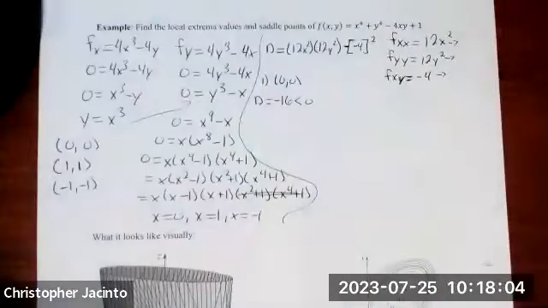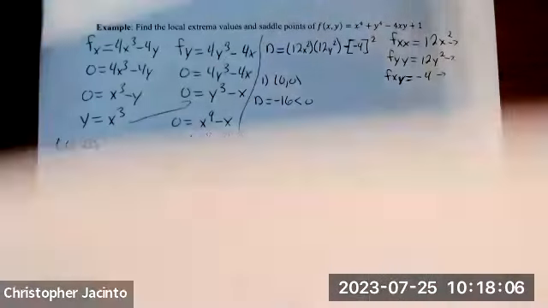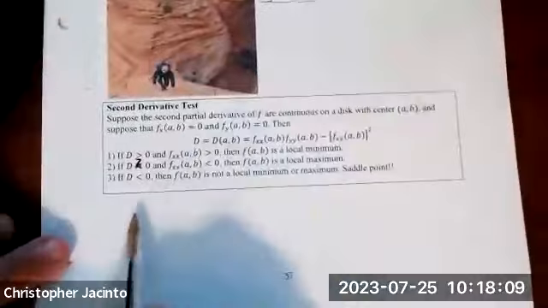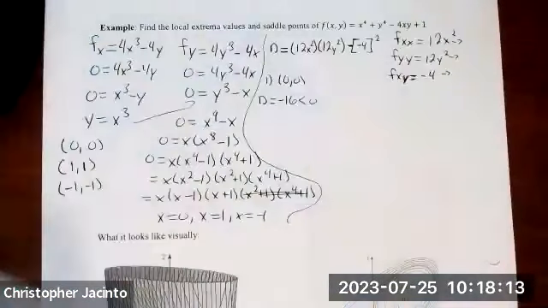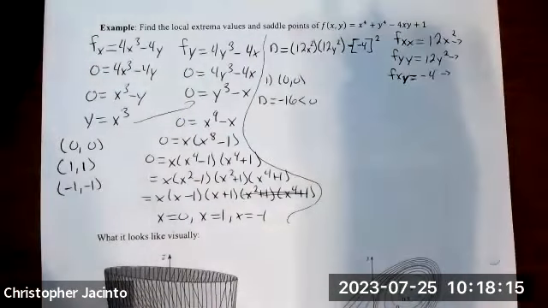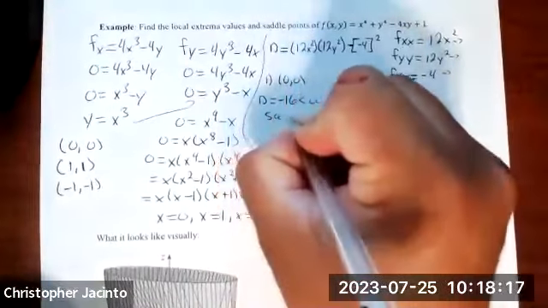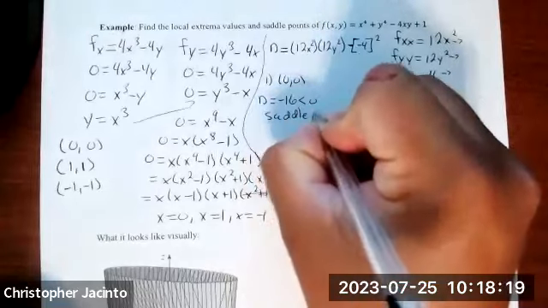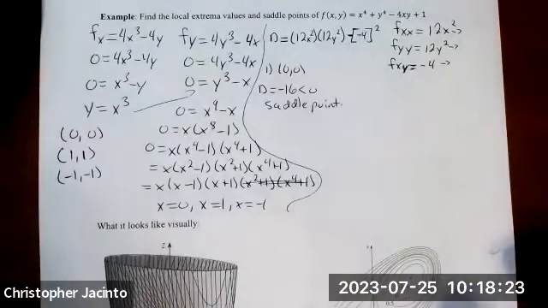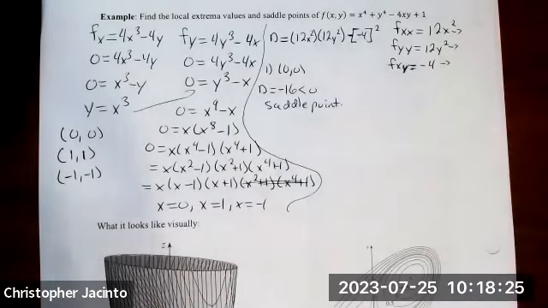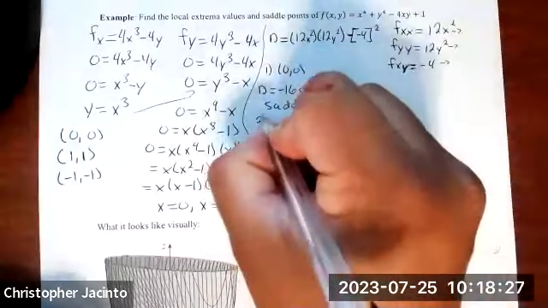So according to our second derivative test, if it's less than 0, it's guaranteed to be a saddle point no matter what. So therefore, this is a saddle point. I don't even have to find f of xx. It's guaranteed.